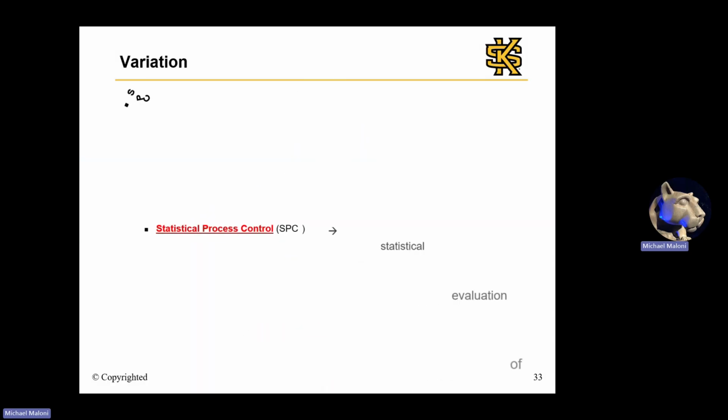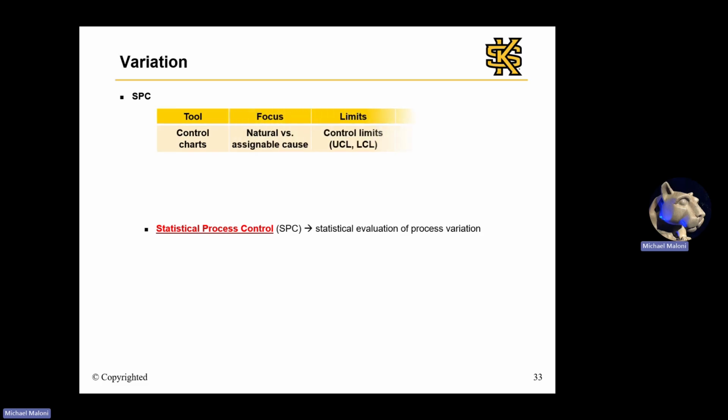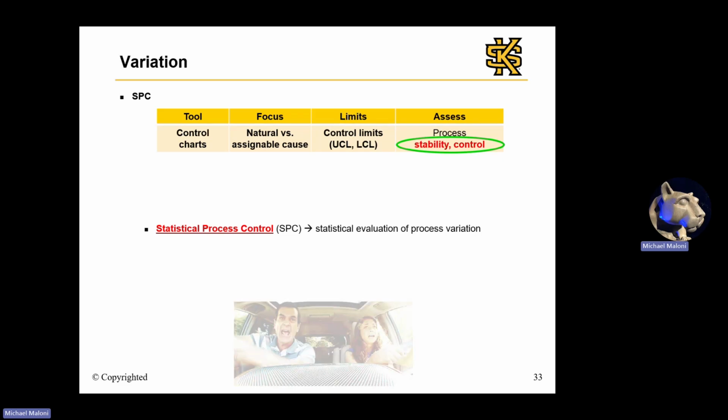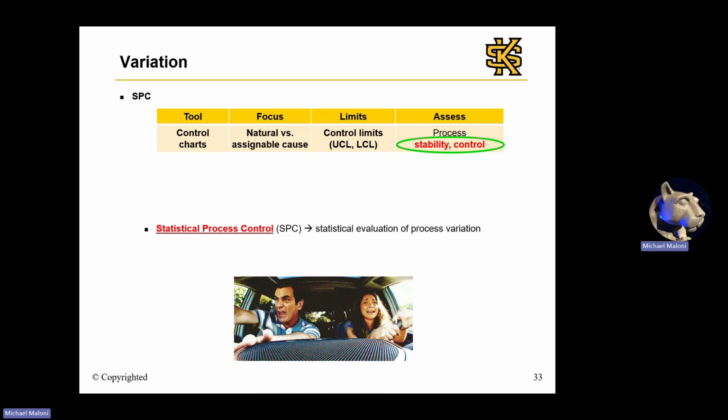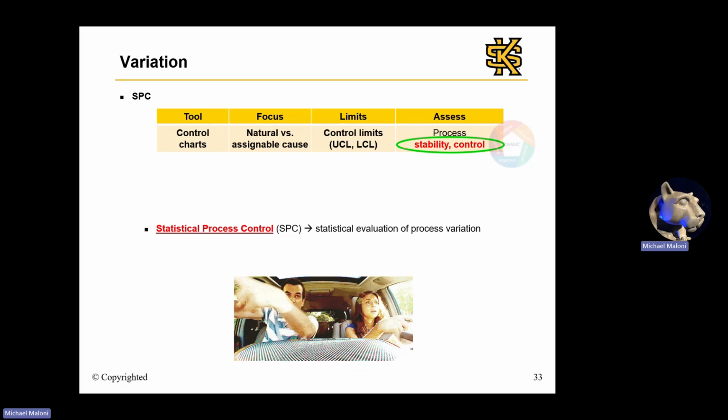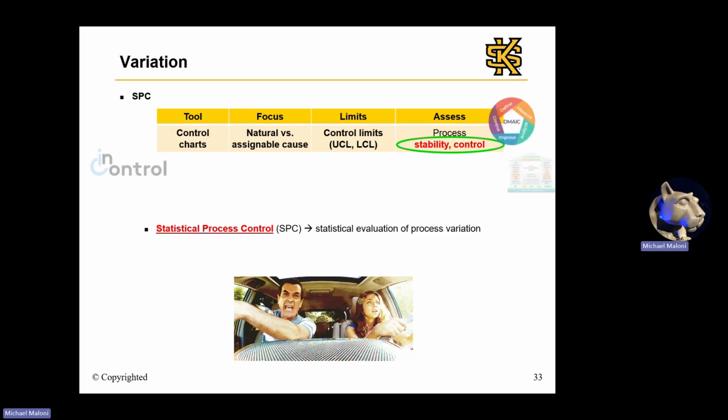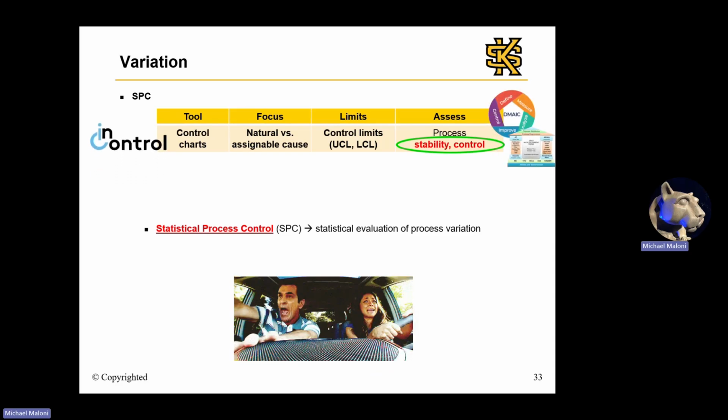Again, statistical process control, SPC, evaluates process variation, and control charts determine process stability. Is the process in control, like our teenage driver? If the process is not in control, we can apply Lean and/or Six Sigma to stabilize it.